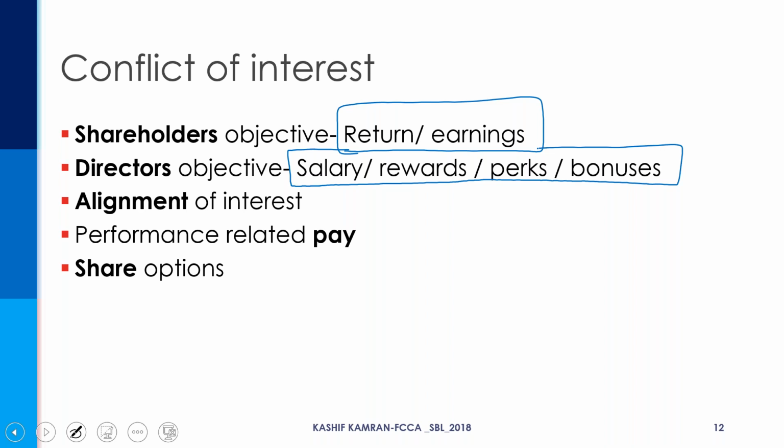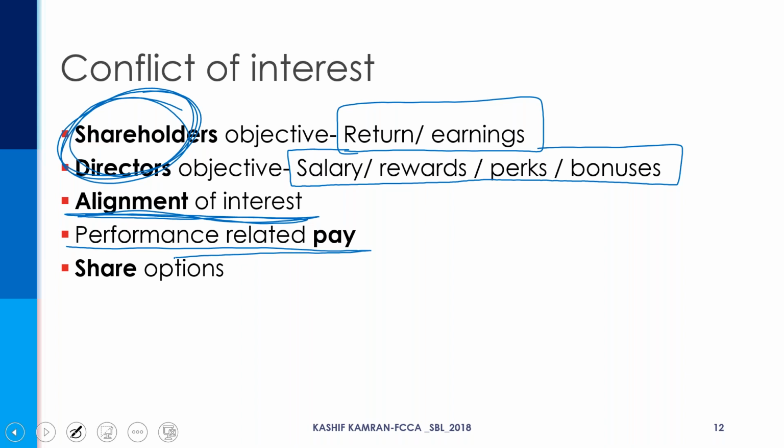So corporate governance says there has to be an alignment of interest between the directors and the shareholders. There are two ways through which you can have an alignment of interest. One is performance related pay.